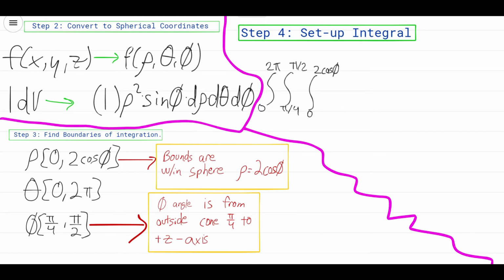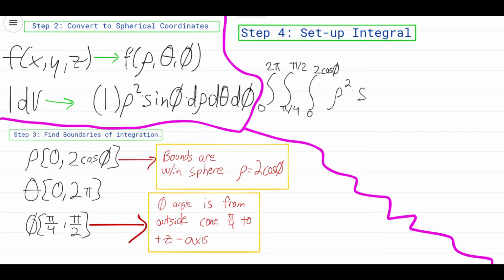Notice how our 2 cosine phi has the most variables, so that's why I decided to include it as the inner limit. And the one with the least variables is 0 to 2 pi, so that's why I have it on the outside. And pi over 4 to pi over 2, since it's something that we had to compute, that's why I decided to keep that inside. But what's less trivial, keep it on the outside.